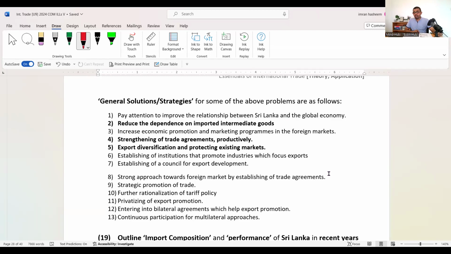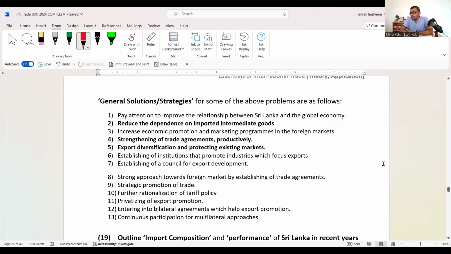So you don't need to remember all 13 strategies, but you need to pick the most relevant strategies. If you can remember about 6 or 7 strategies, that will be good for you. Okay? In answering a question connected to this area. We'll quickly go through them, right?